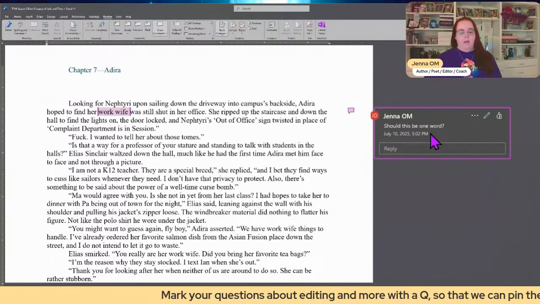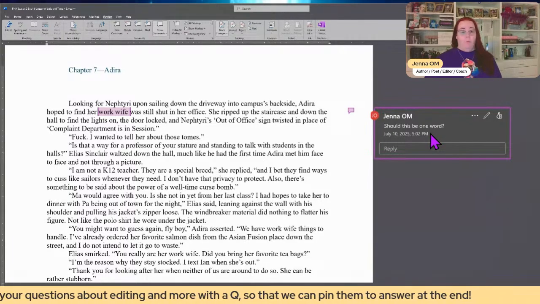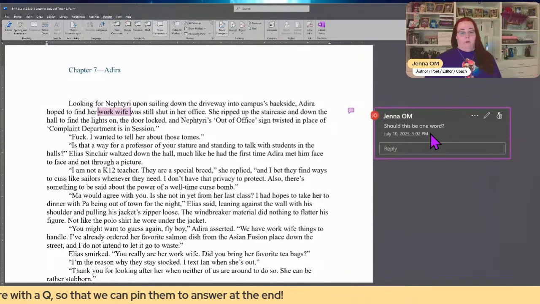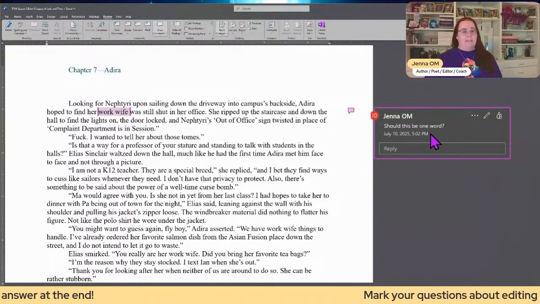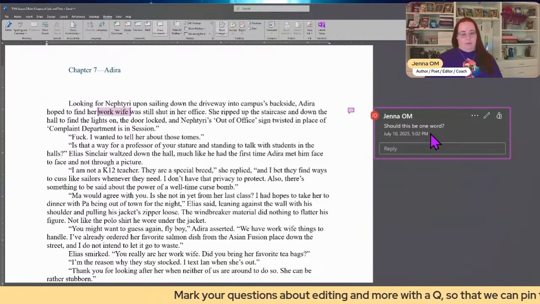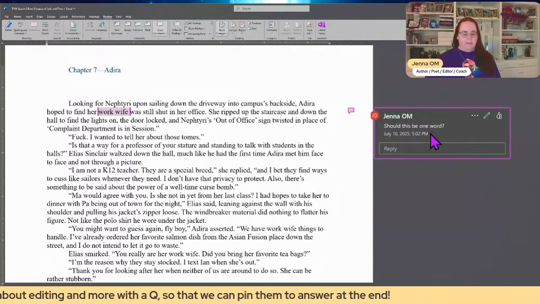So if there are things you do not want your beta readers to do in their commentary or in their reading process, or the same goes for your editor, ask them: I don't like this kind of commentary versus I do. It can be a helpful guideline to help guide us on what feedback you do want.